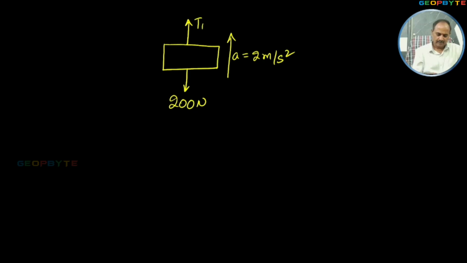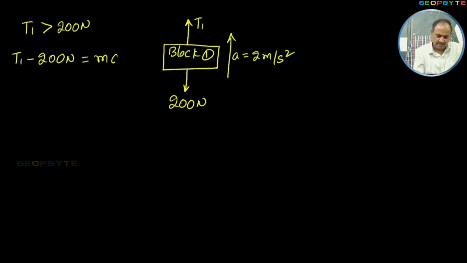Since the block 1 is moving upwards, I can write that T1 is more than 200 newtons. Therefore, T1 minus this 200 newtons must be equal to mass times the acceleration. Here mass is the total mass. T1 is equal to M1 plus M2 plus M3 into A plus 200.